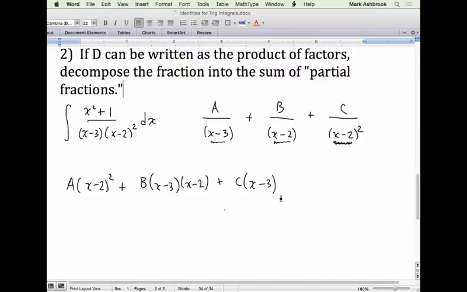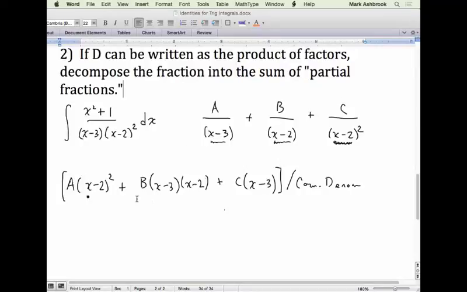So we get the general form of our answer, but then we've got to add them. When I actually add the fractions to see how it's equal to what we started with, this whole thing would be divided by the common denominator, which is that thing, right? The x minus 3, x minus 2 squared. So now we got the denominators equal. So all we got to work on is the numerator now.